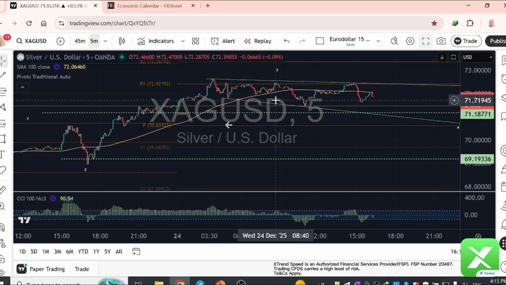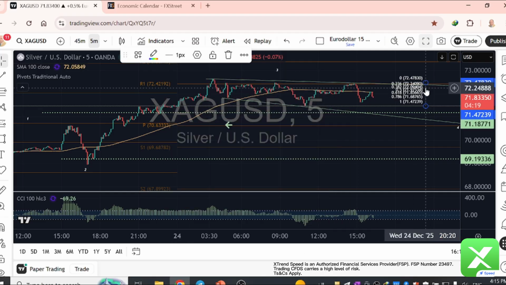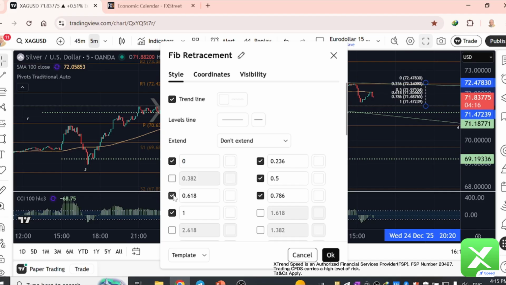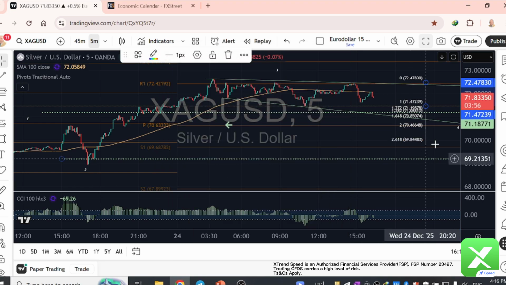And we're doing an A, B, and a C. We can see this, so we don't want to buy negative momentum until we get to the bottom of C. $70.85 is 161.8. $70.60 is in between 200% and 161.8%.